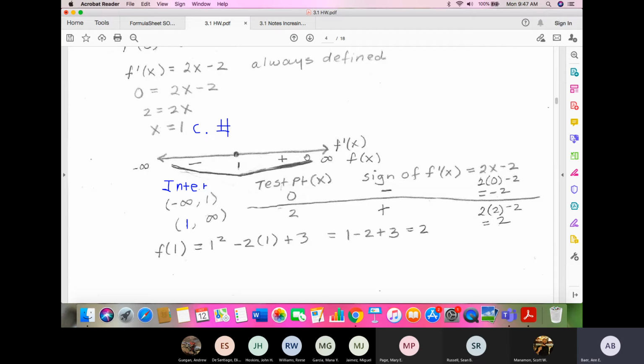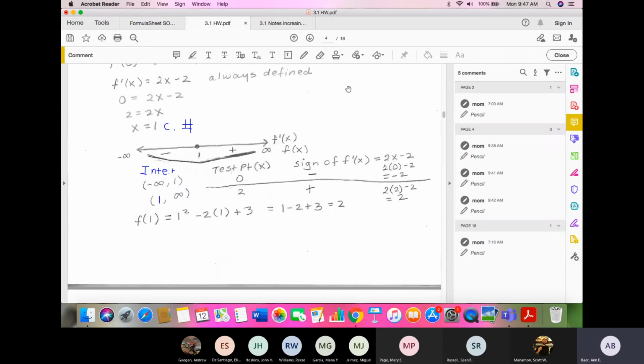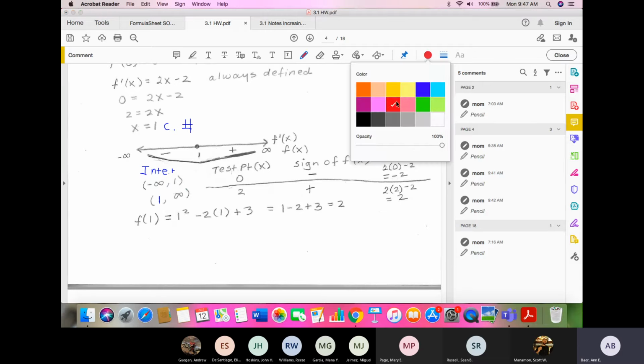And what that means is that the original graph is increasing, going up. So in terms of the original graph, this means increasing.